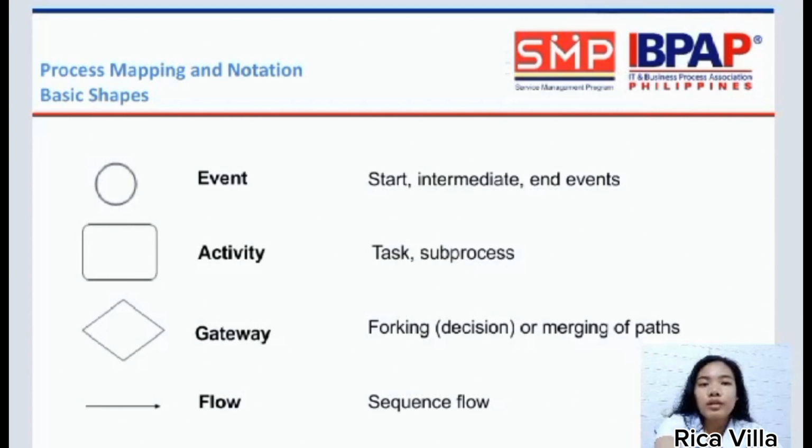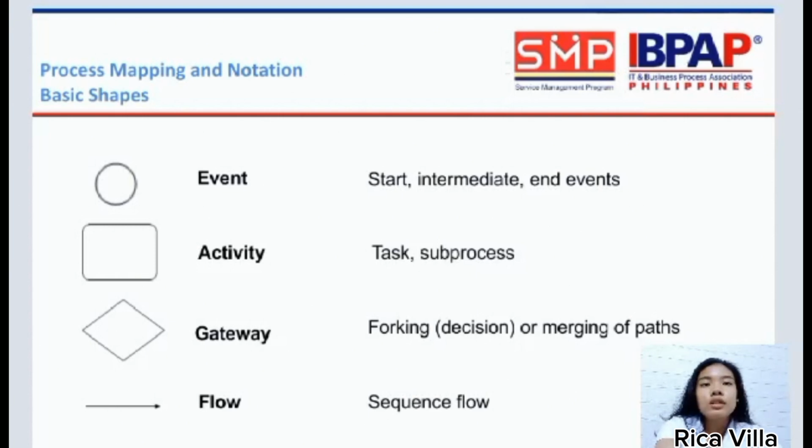Next is the gateway, forking or decision or merging of paths. Gateways represent points where the process flow can split into multiple paths based on certain conditions or converge into one path after different alternatives have been executed.